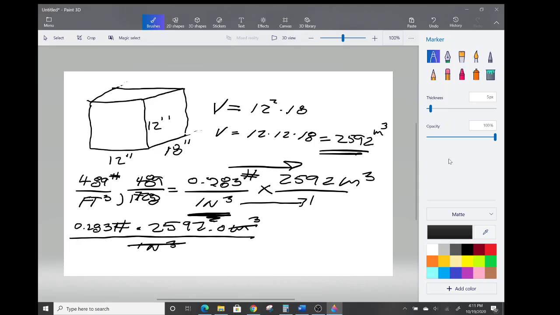Double check something here. 1728. Yeah, we're good. So it's 0.283 times 2,592. That leaves us 733.536.